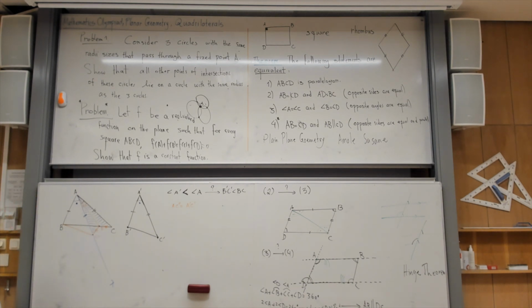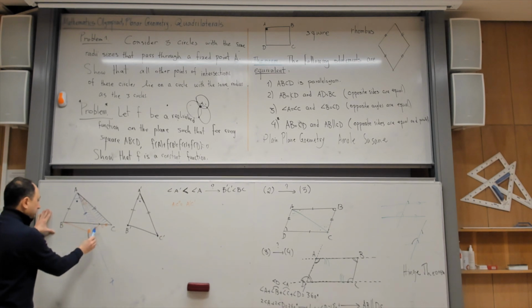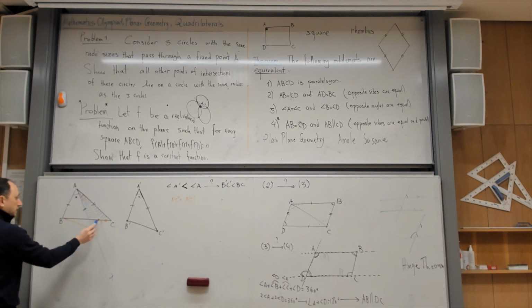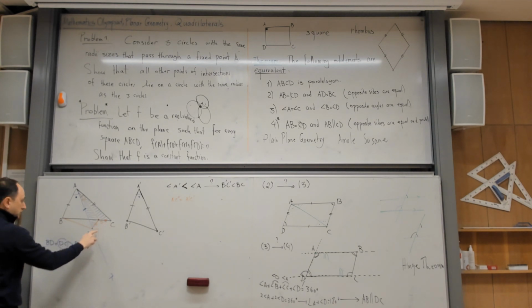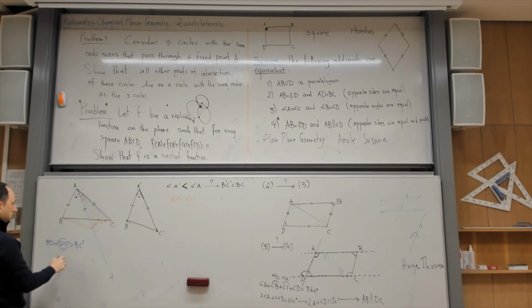Yes? And now, let us go here and write the triangle inequality in this triangle. So what I know is that BD plus DC is larger than BC double prime. Do you agree? In this triangle, this side plus that side is larger than this side. But DC is equal to, no, this is not DC.